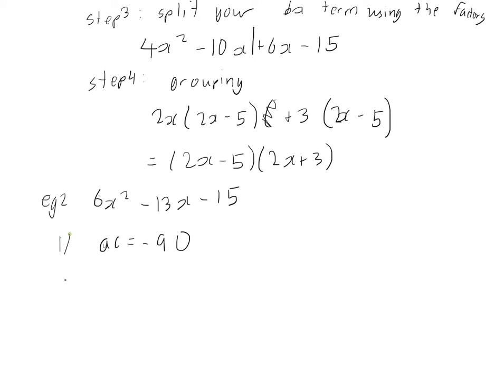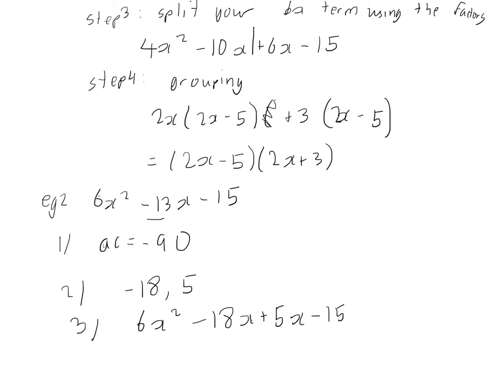Step 2, what multiplies to give negative 90 and adds to give negative 13? Go through that, and the factors would be negative 18 and 5. Step 3 would be to put it into that. So you've got 6x squared minus 18x plus 5x minus 15. And we can go through in class how to solve that from there, guys, but you should be able to get from there.